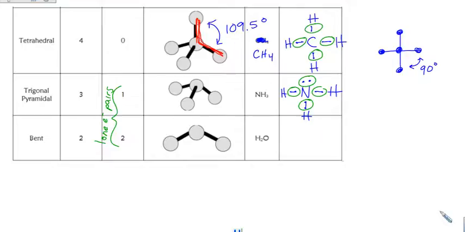However, one of the positions is not really an atom. So if I were to take my original tetrahedral structure, and if I were to pop off one of these atoms, look at what you're left with. I'm going to picture the electron pairs up on top.